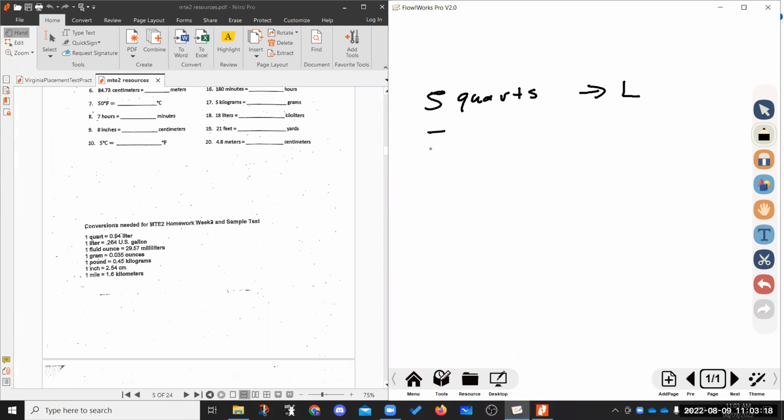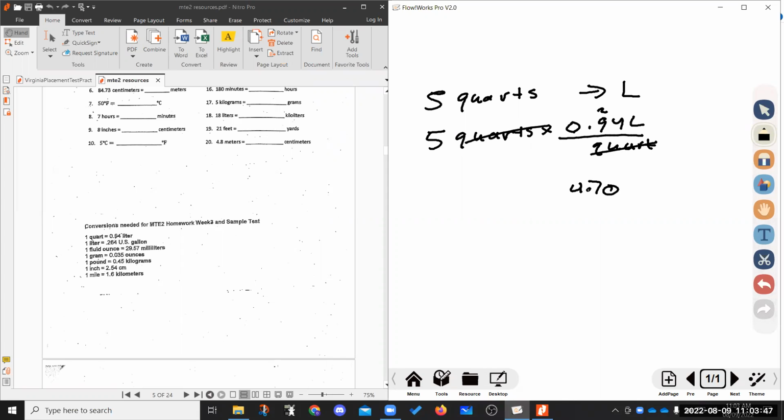So 5 quarts times 0.94 liters per quart. Quarts will cancel. 5 times 0.94 is going to be 20, that's 45 plus 2 is 47.